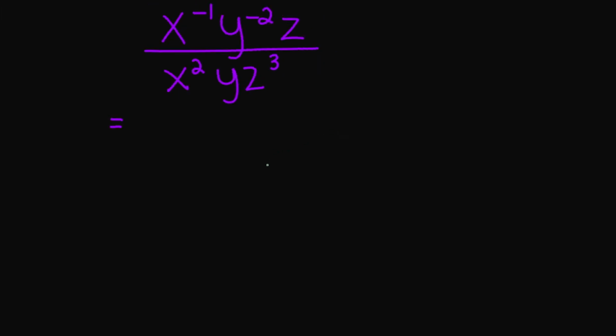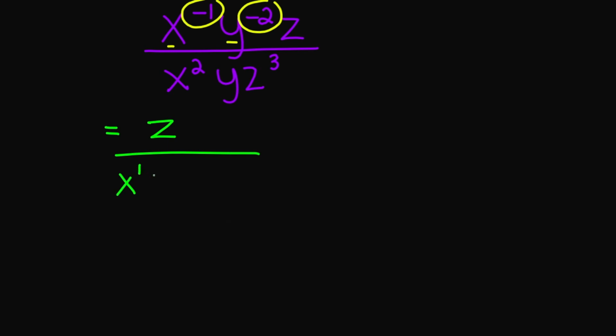All right, so let's try this example here. So notice I do have negative exponents, so I'm going to bring those down to my denominator. So my numerator is going to be z over x to the 1st power times y to the 2nd power times x squared times y times z cubed.